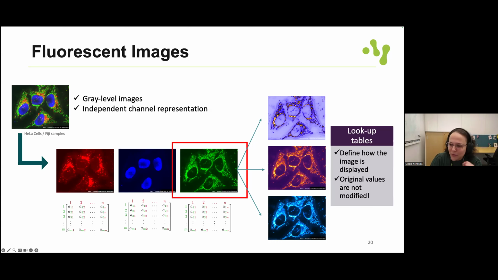And why should we do that? Well, changing a lookup table can help us identify regions of interest. So you can highlight components of the image.